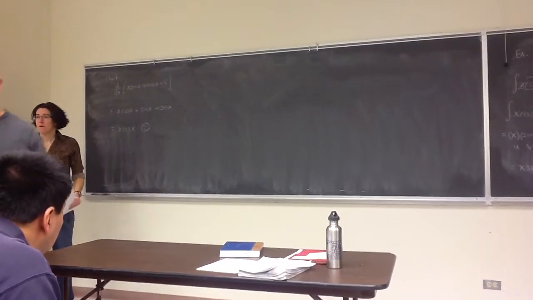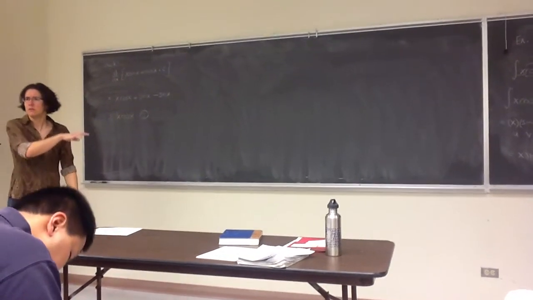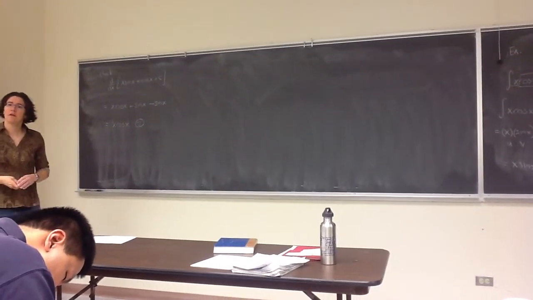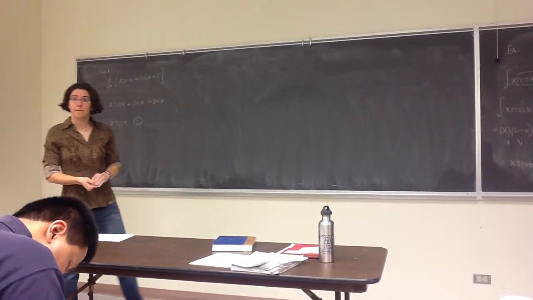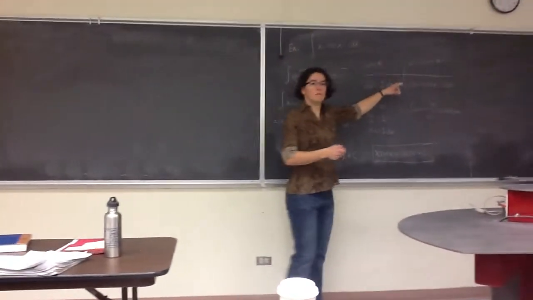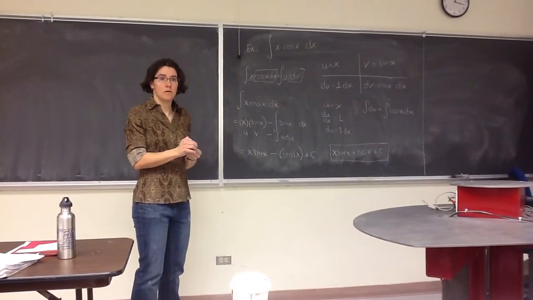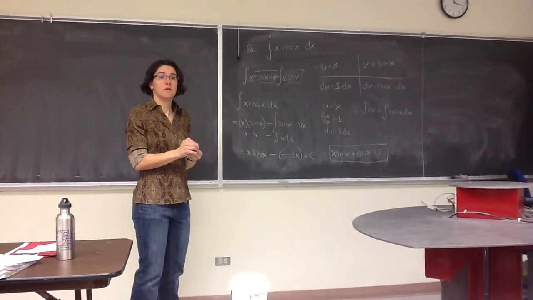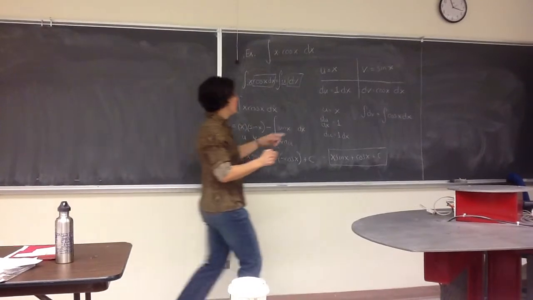Okay. So are there any questions on the process of what we did here? Before, when you took the integral of 1, you turned it into x or u. I was wondering why you dropped the 1, if that was the case.